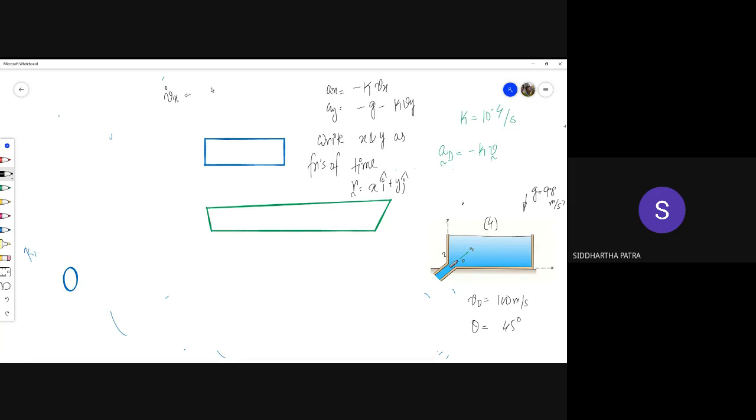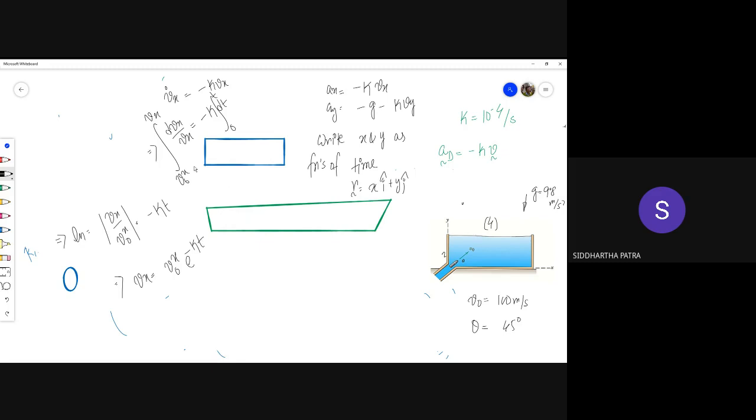So vx dot is minus k vx, which is to say that dvx divided by vx is minus k dt, and when you integrate that between 0 and t, you get v0x to vx, which is to say that ln of vx to vx0 equals minus kt, or in other words, vx is v0x times e to the power minus kt.